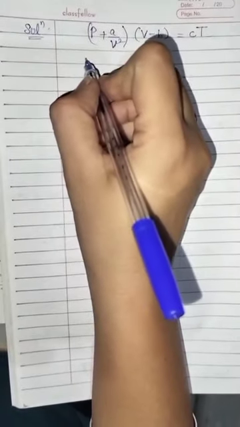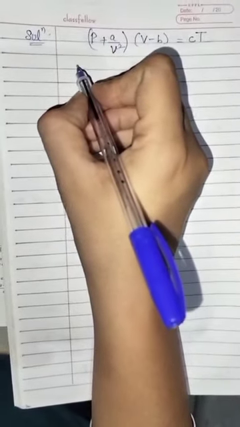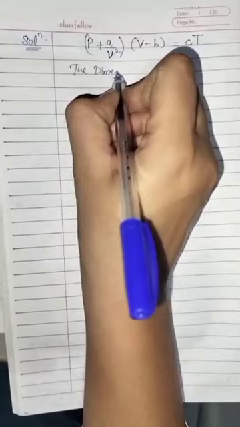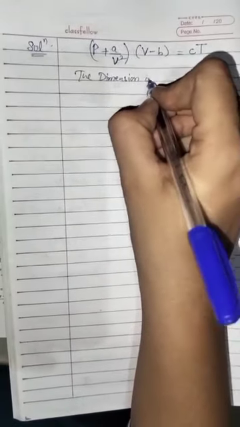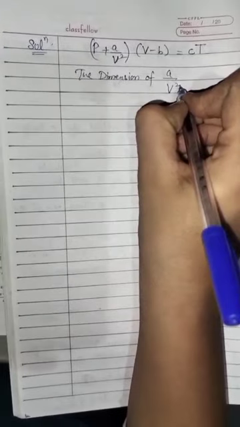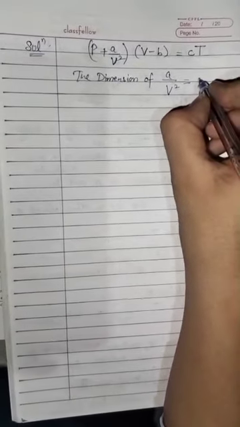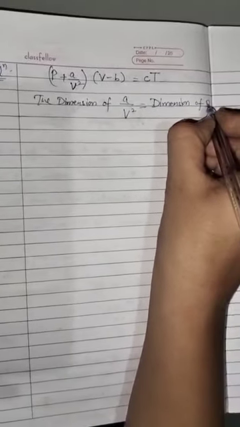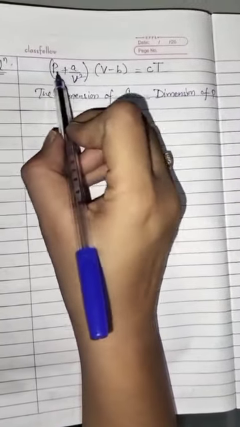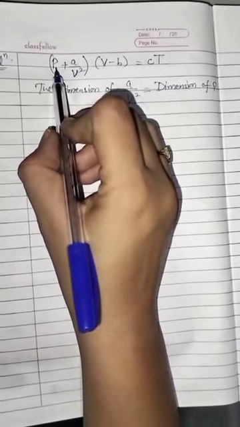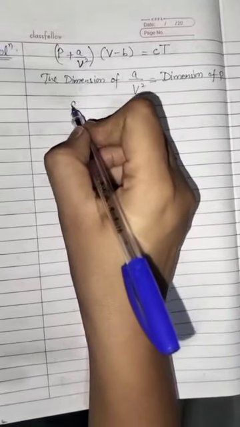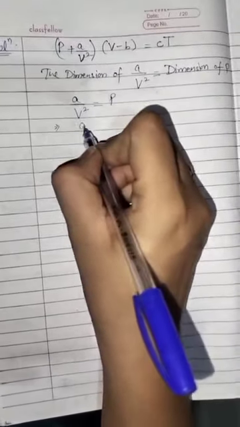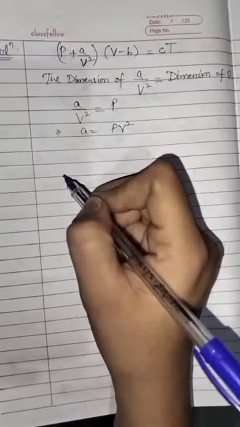Here P is the pressure, and according to the homogeneity principle, the dimension of A/V² is equal to the dimension of P. Because if they have the same dimension, then we can relate it easily. Here A/V² is equal to P. This implies A is equal to P into V².